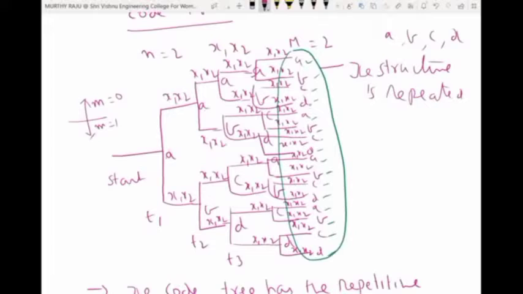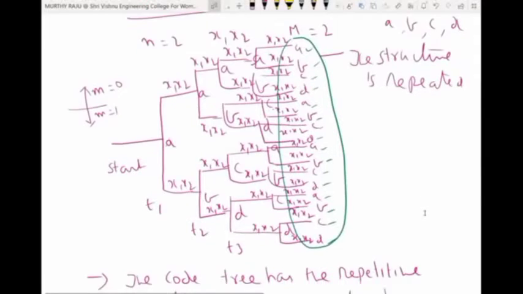B is the current state, D is the next state. C is the current state, A is the next state, and C is the current state, B is the next state. D is the current state, C is the next state, D is the current state, and D is the next state. By using this analysis, you have to construct the code trellis.